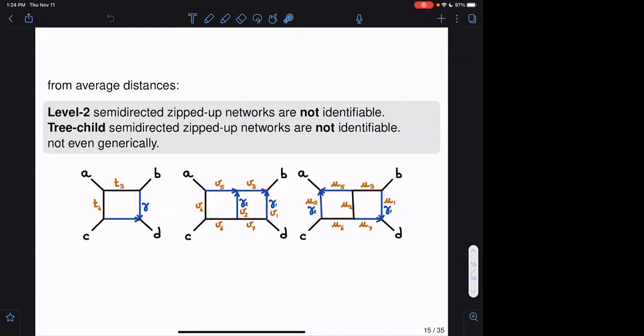And we can do so not necessarily for all parameters, all branch lengths, B's or T's or U's, but for a very large space. So definitely a set of parameters of positive measure. So even if we wanted to have a generic result, level 2 wouldn't work and tree-child wouldn't work.